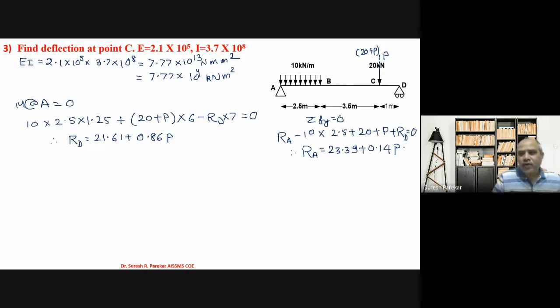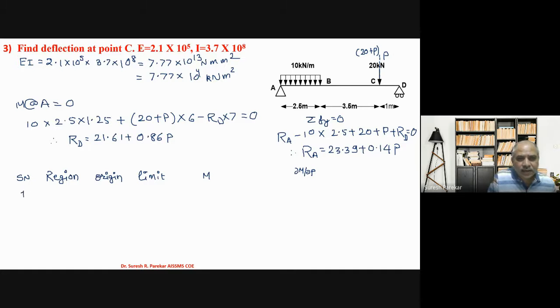And now we have to prepare the table. So we have serial number, then region, then origin, limit. Yeah, the limit is the same, so we need not take it. Then M, and then dM by dP.